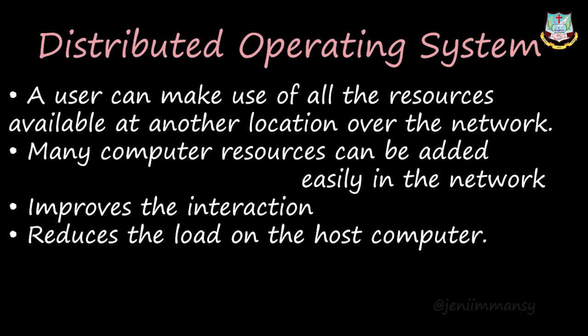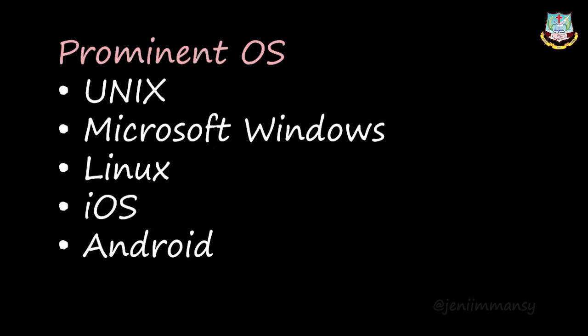Okay, and the last topic in this chapter is prominent operating systems. The prominent operating systems are Unix, Linux, Microsoft Windows, iOS, Android. Prominent means just important operating systems. The mainly used operating systems are Unix, Linux, Microsoft Windows, iOS, and Android, right?